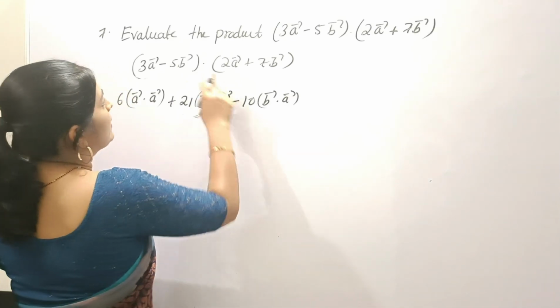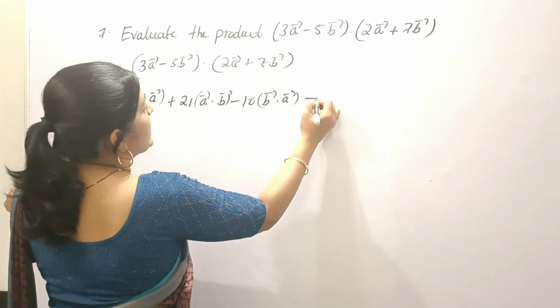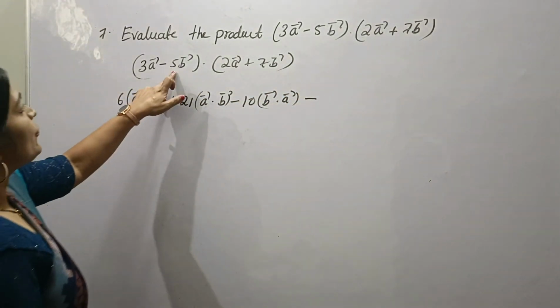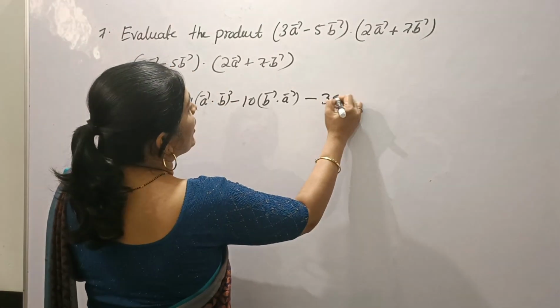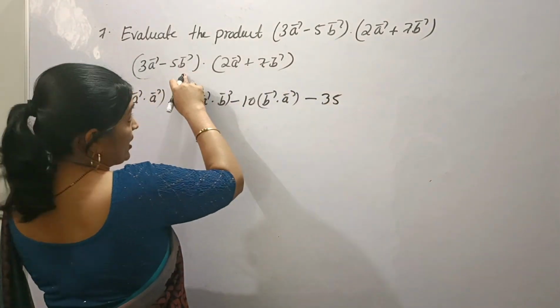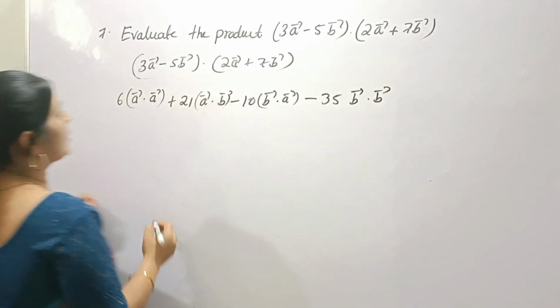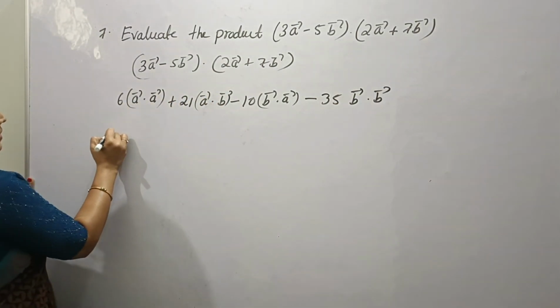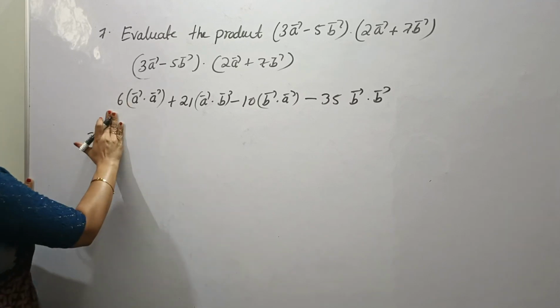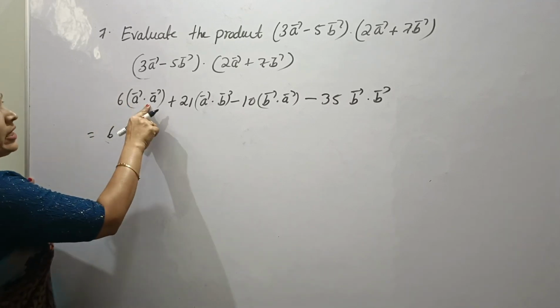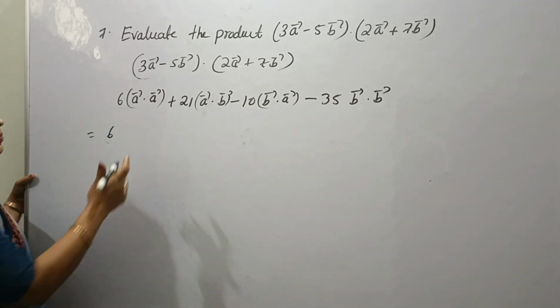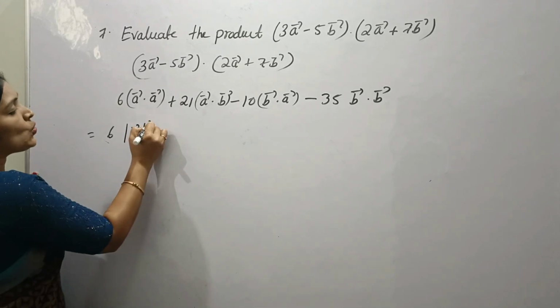Then, minus into plus, minus 5 into 7, 35, vector B dot vector B. Here 6 into vector A dot vector A is nothing but modulus of vector A square.